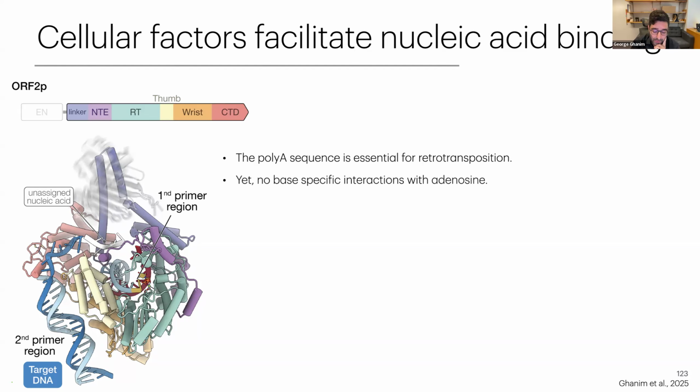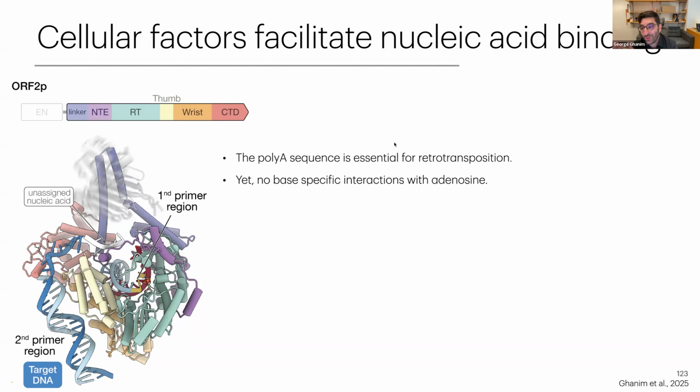Despite this need for a poly-A sequence on its mRNA, we don't see any base-specific interactions with adenosine in our structure. Now, it's known that many cellular proteins associate with LINE-1 and are required or facilitate the retrotransposition process. So it raised the possibility for us that maybe some of these proteins are playing that role, guiding LINE-1 or dictating the specificity at particular stages.